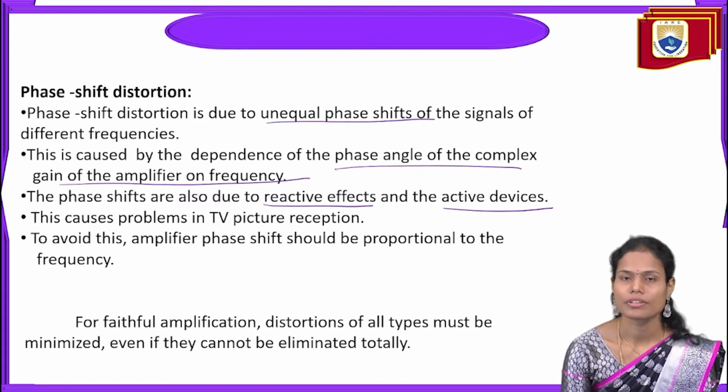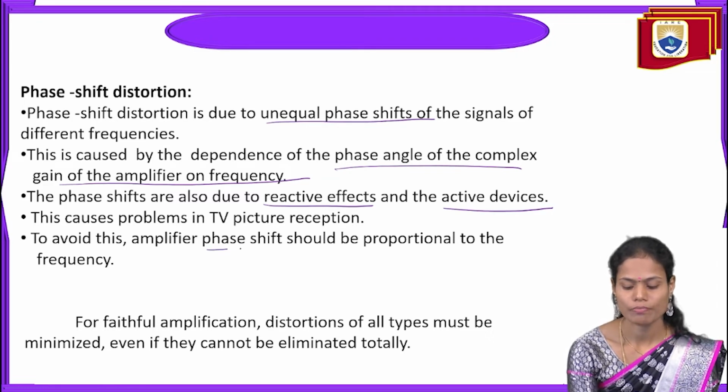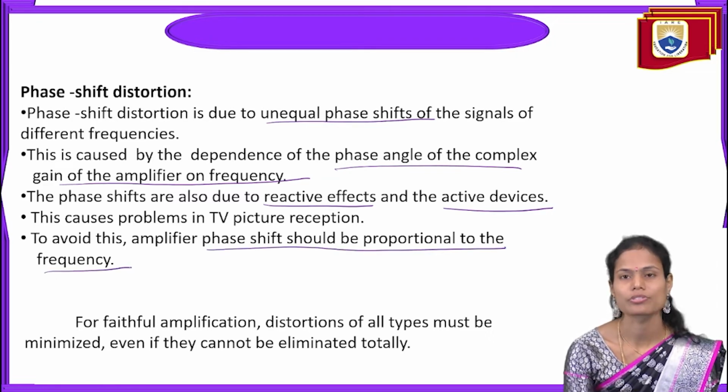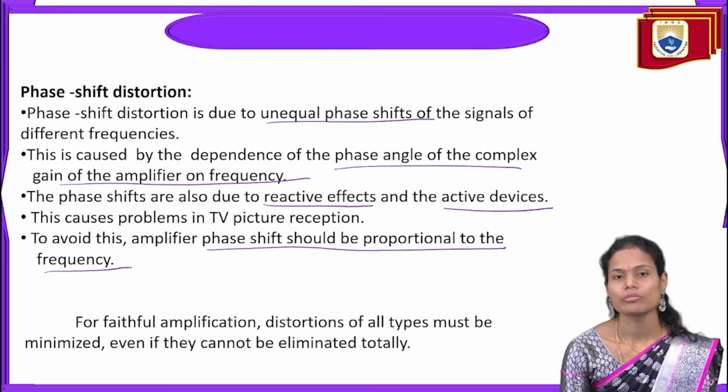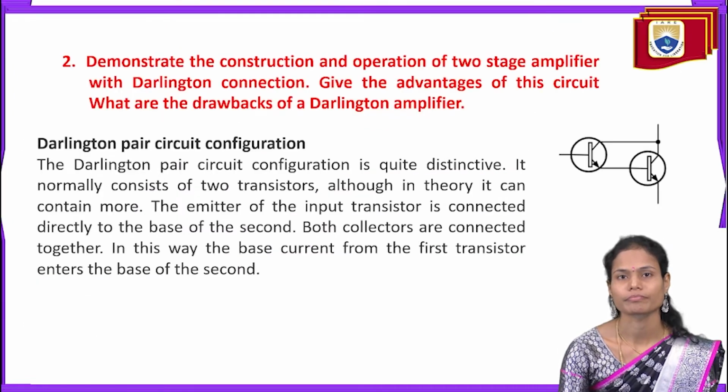Generally this phase shift distortion will occur in TV pictures. To avoid this, the amplifier phase shift should be proportional to the frequency of the signal. For any amplifier, we may get either amplitude distortion, frequency distortion, or phase distortion, but we have to maintain these values at a minimum. Why? Because we cannot eliminate them totally.